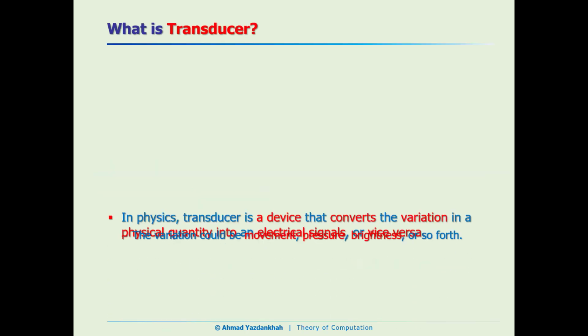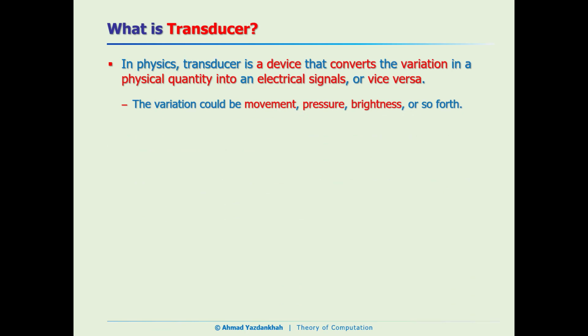So in physics, a transducer is a device that can convert variation in one kind of physical quantity into an electrical signal or vice versa. What variation are we talking about? Variations like movement, pressure, brightness, and so forth.